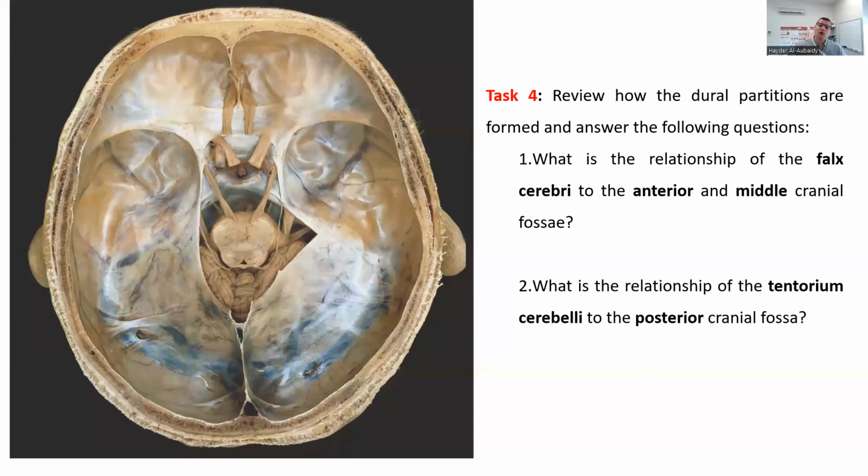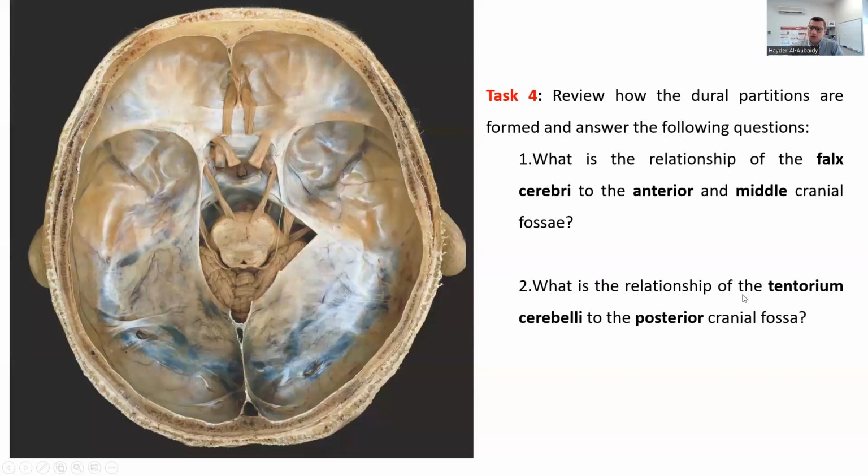Yes, so it's located medial to, or forming the midline that splits the anterior and middle cranial fossa into right and left sides. Beautiful. Or some answers would say that it's located medial to the anterior and middle cranial fossa, if we consider that we've got right and left anterior cranial fossa, so the falx cerebri will be medial to them. However, your answer should be correct.